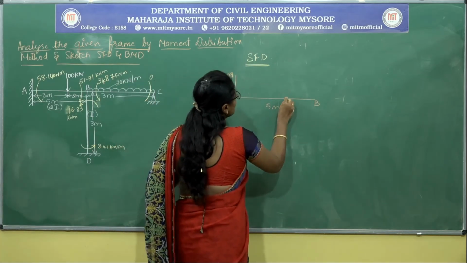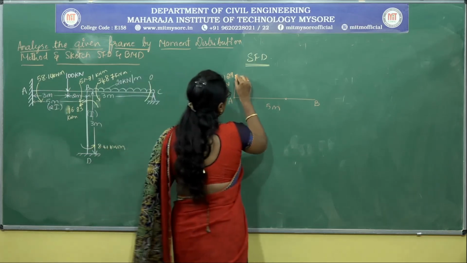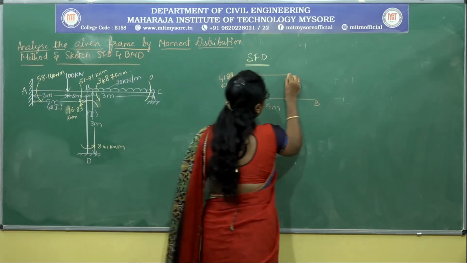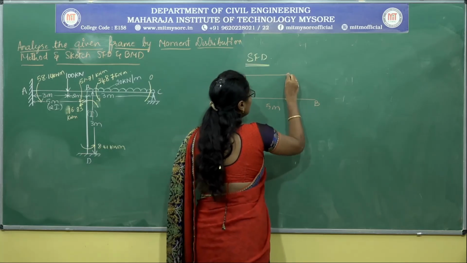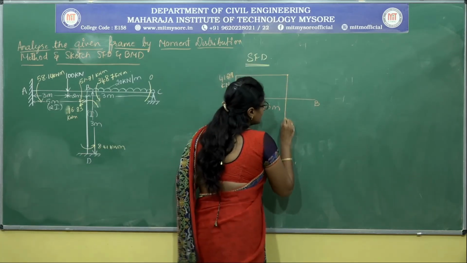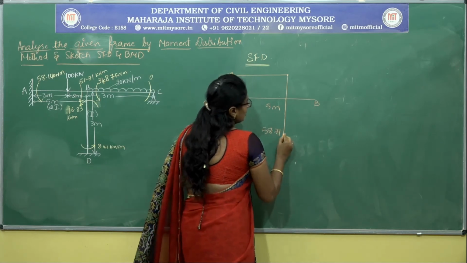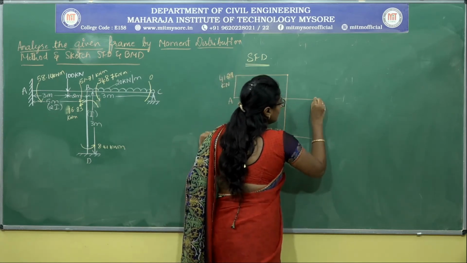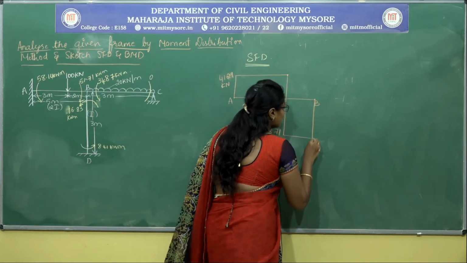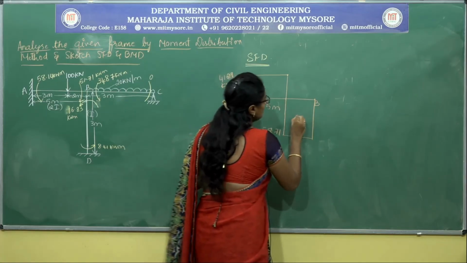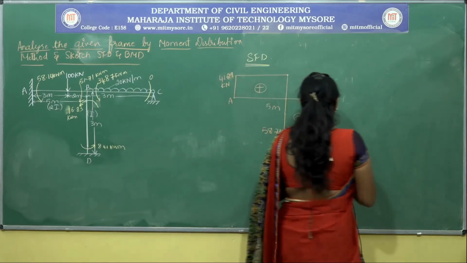Between this point and where the 100 kilonewton load is acting, there are no other loads, so the variation is constant, and at this point 41.29 minus 100 will give you minus 58.71. This is constant till here. Then at B, RBA is plus 58.71, therefore this will be 0. This is the SFD for span AB.